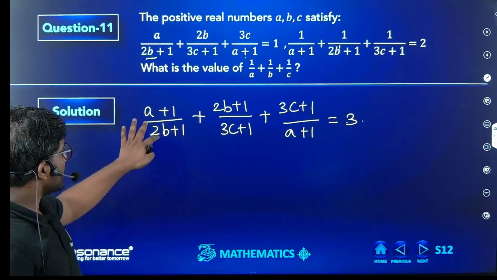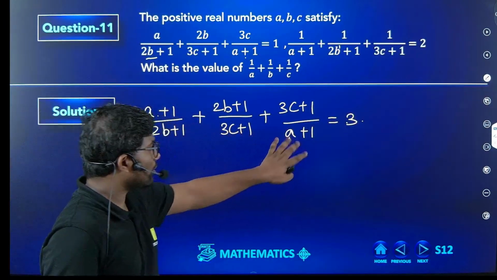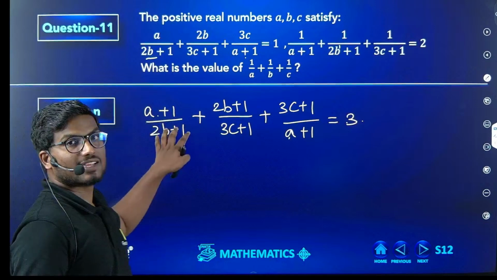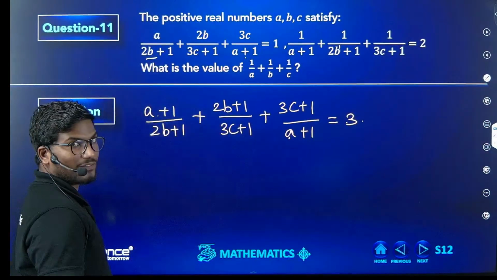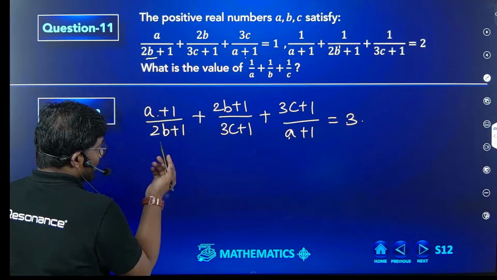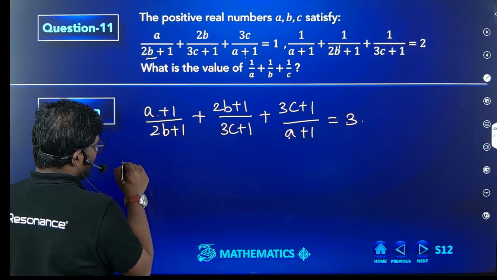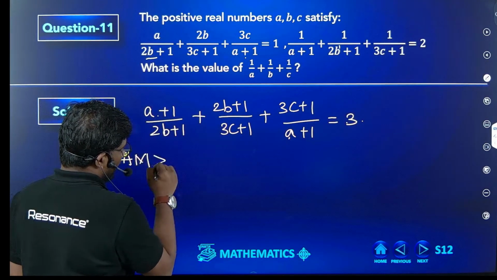Now obviously since you see a plus 1 in both the numerator and the denominator, and similarly with 2b plus 1 and 3c plus 1, our gut should tell us that AM greater than or equal to GM must be applied.